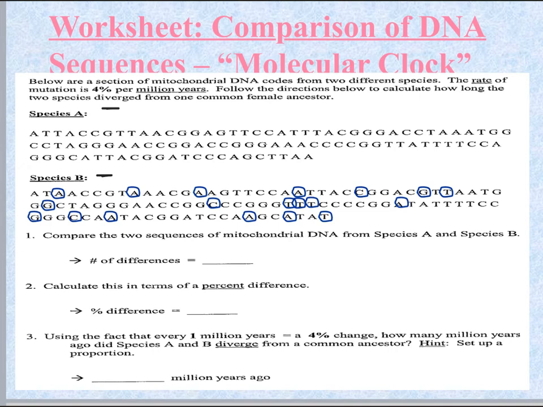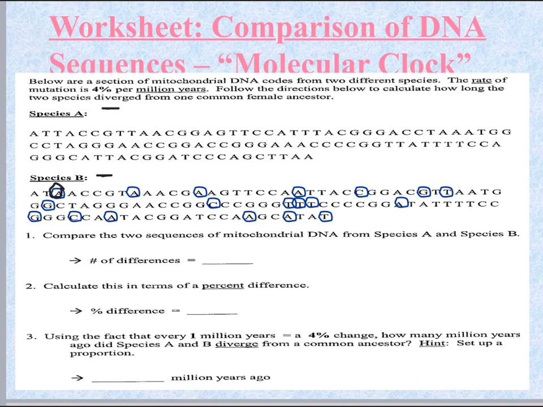You look at each species letter to letter, and every time there is a difference in the sequence, you put a circle around it. Okay, now what we're doing here is counting how many letters differ in this particular sequence. It's the exact same gene sequence in two different species, and you're trying to figure out how many differences there are total.